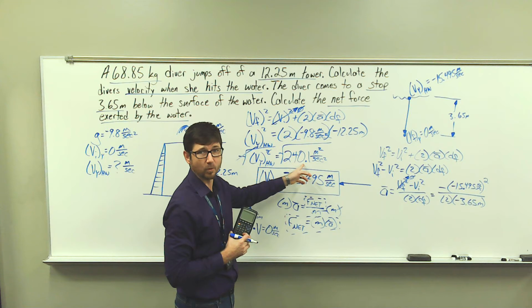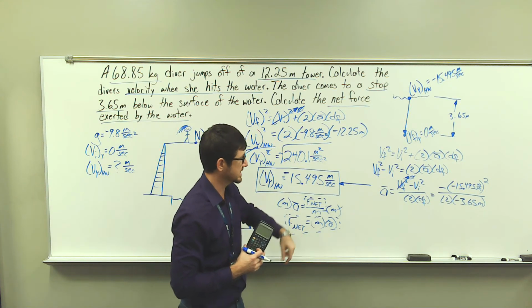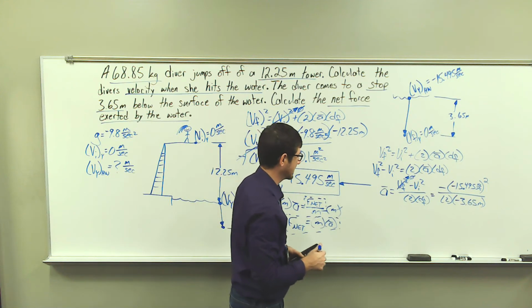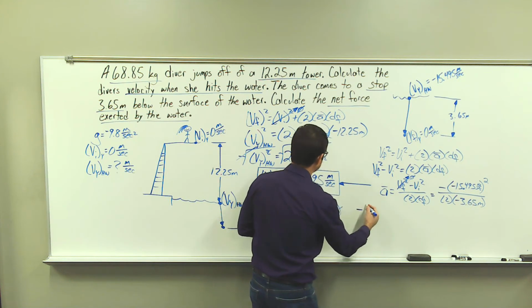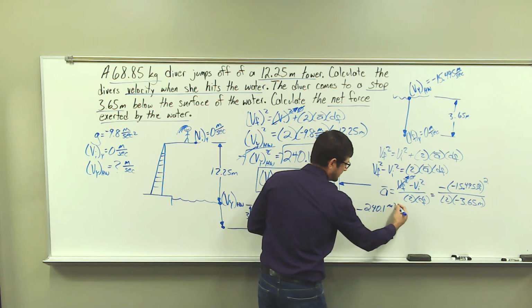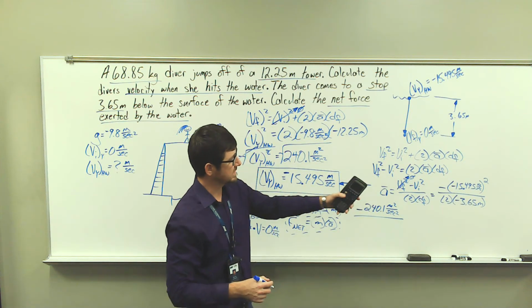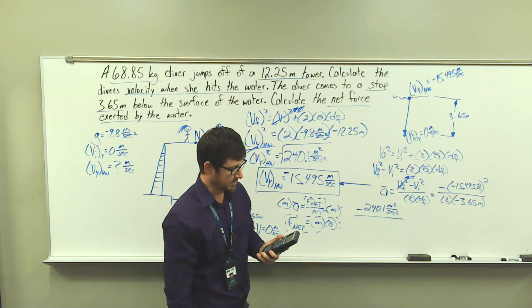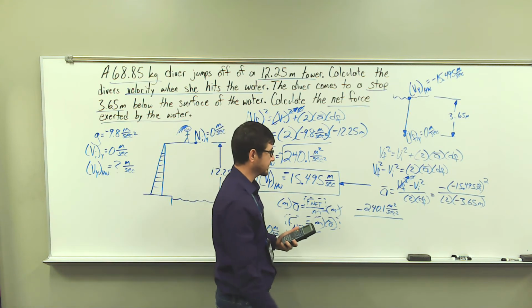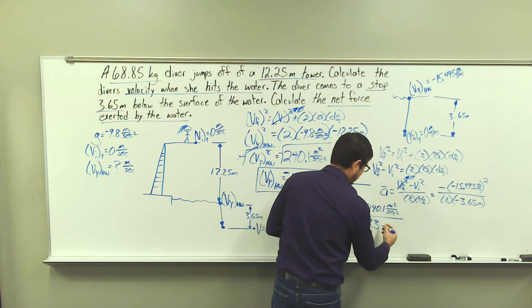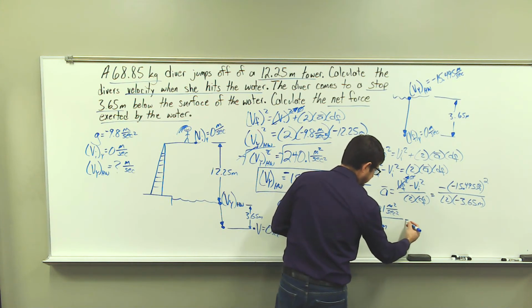We get 240.1 meters squared per second squared. But then I have to apply my negative sign there. So we have a negative 240.1 meters squared per second squared divided by 2 times 3.65. So a negative 7.3, and we have units of meters.